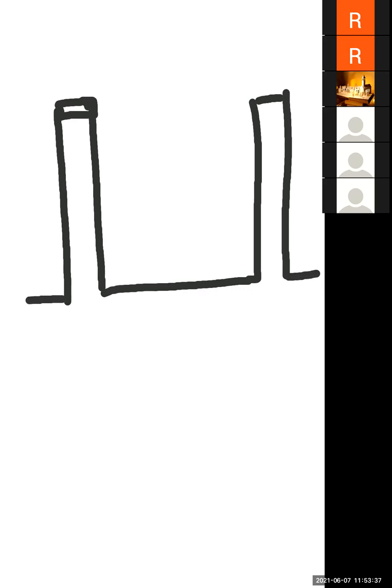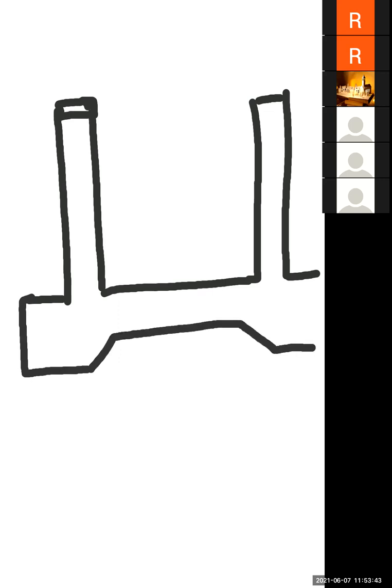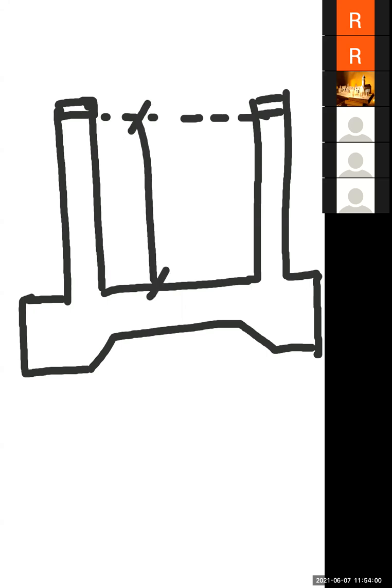And this is the base. This height is H, right?